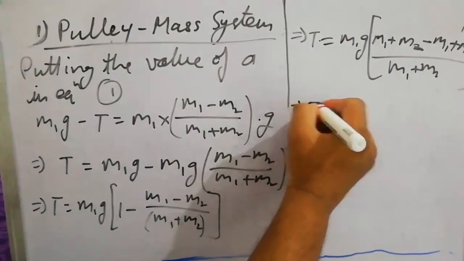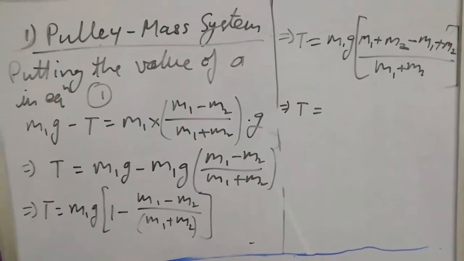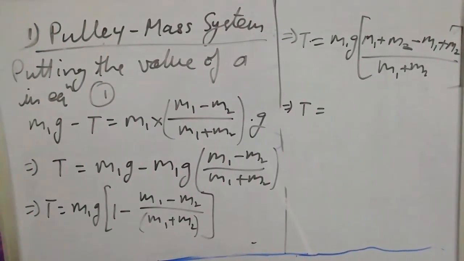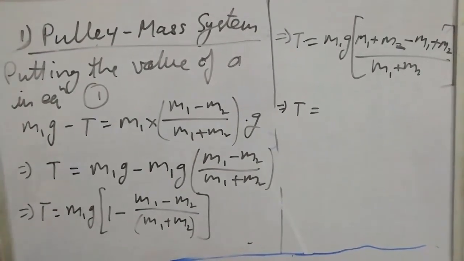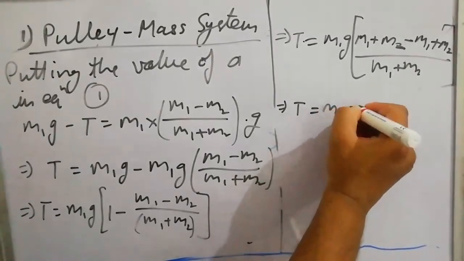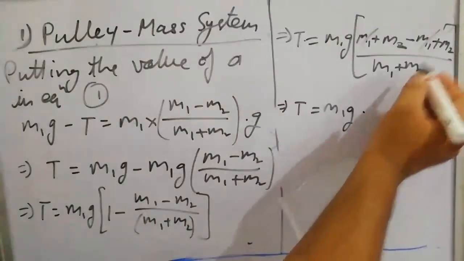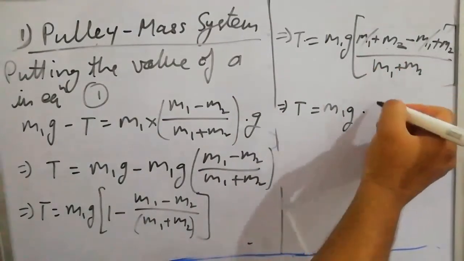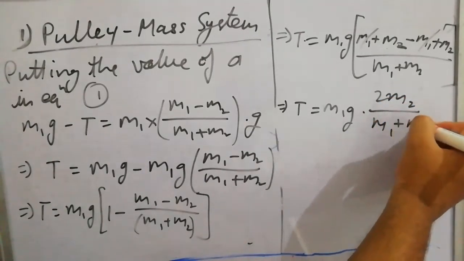So T will be equal to, is it visible? Okay, now I think it is visible. Now in m1g times (m1 plus m2 minus m1 plus m2), the m1 and minus m1 will cancel out, and here we will get m2 plus m2, 2m2, upon m1 plus m2.